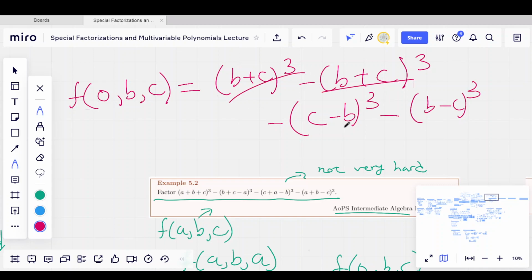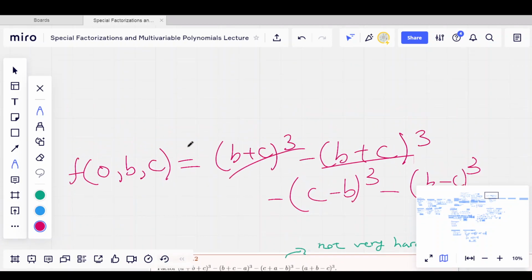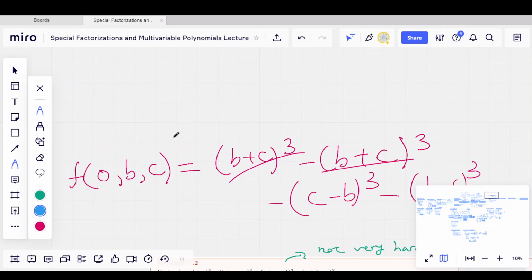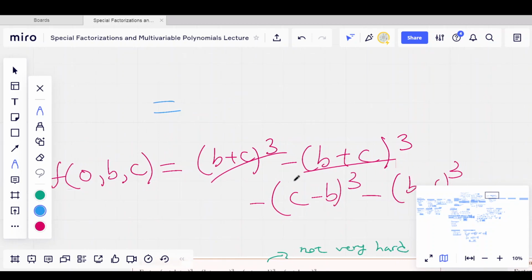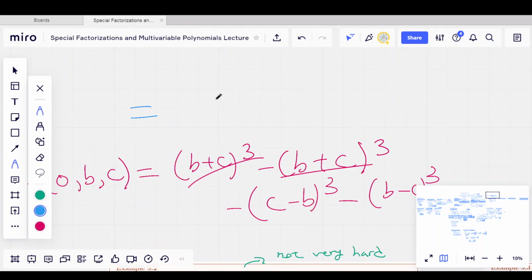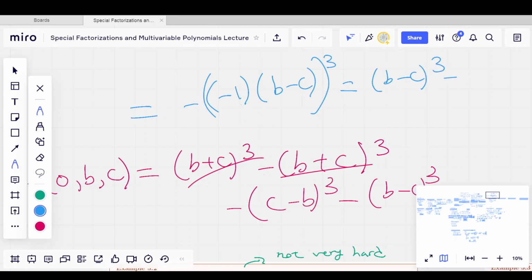This cancels, and before you say that a is not a factor, note that this is actually -1 times (b-c)^3, so the negative goes out and you get (b-c)^3, and then that is just 0.